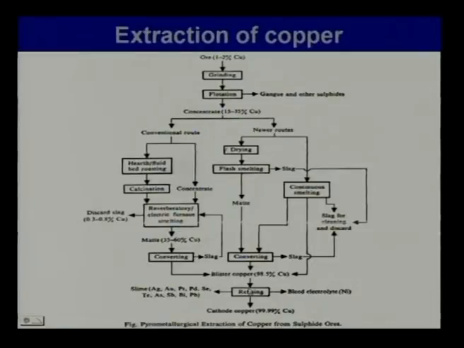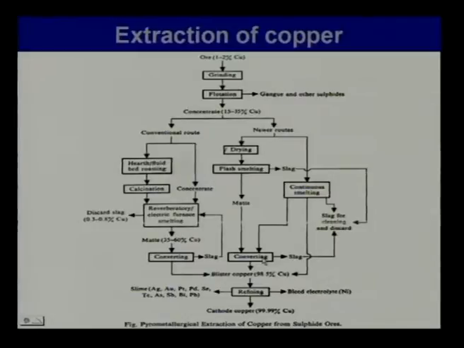Now, a newer route will eliminate reverberatory furnace smelting, and these steps are all combined into one step called flash smelting. Means everything is smelted, calcined and flashed very fast, produces a matte, and it goes straight for converting.